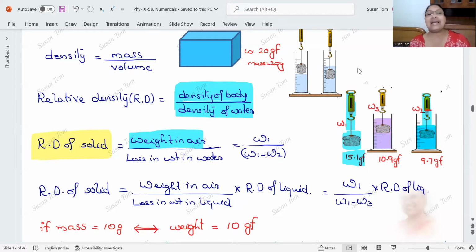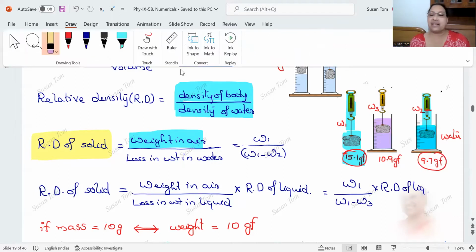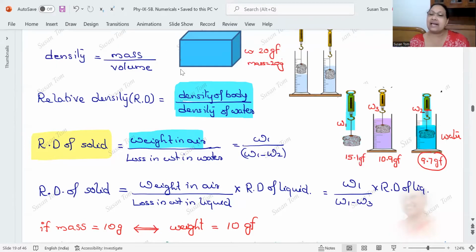There will be a lesser weight in water. You see here 15.1 gf, and when placed in water, it will be 9.7 gf. This is just an example. There will in any case be a reduction of its weight, that's for sure. So using these two values, children, we can find its relative density.